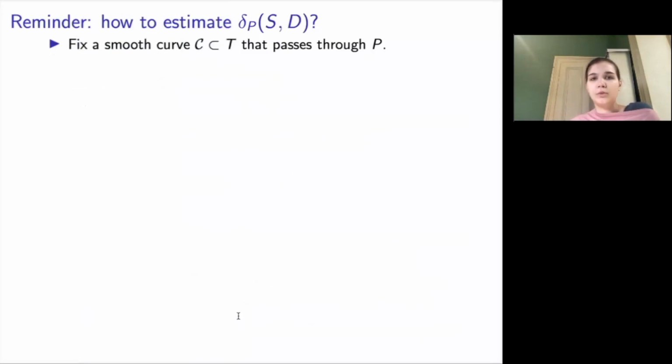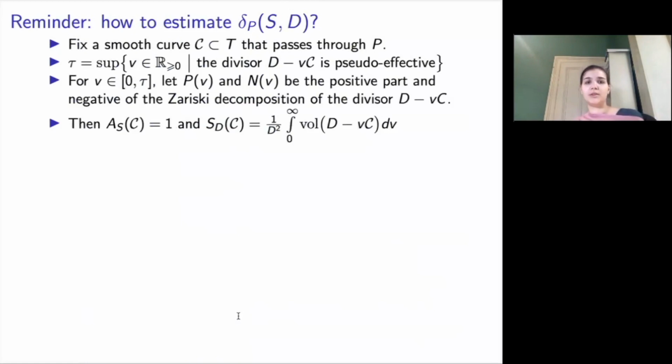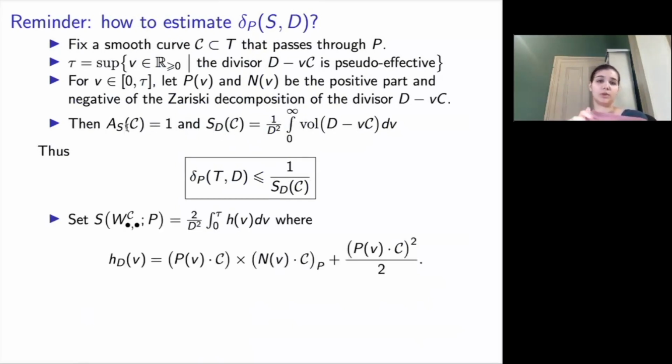Remember that to estimate the local delta invariant on the surface, we first need to choose a point, and a curve which passes through this point. Then we compute the Zariski decomposition, then compute the S invariant and log discrepancy. Well, if it's a curve on the surface, it's just one.